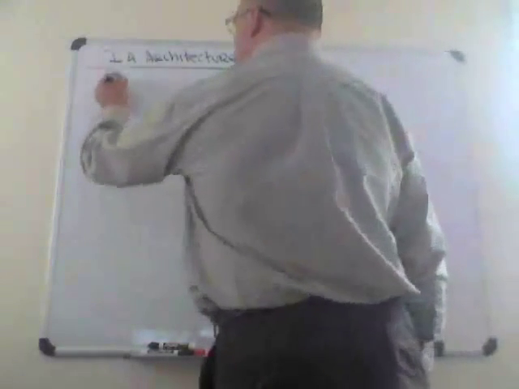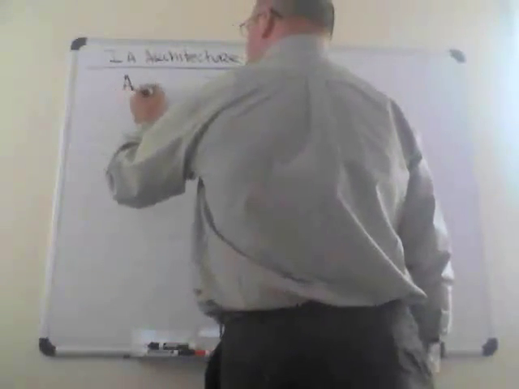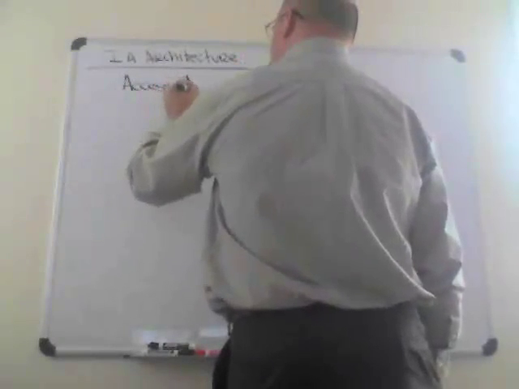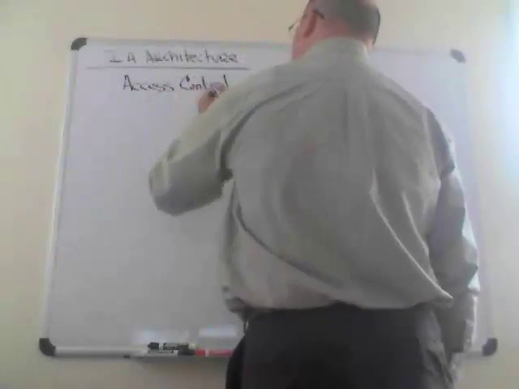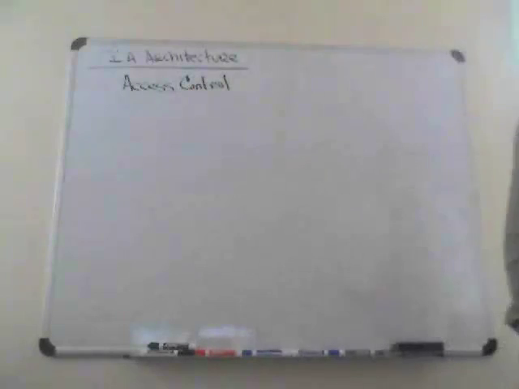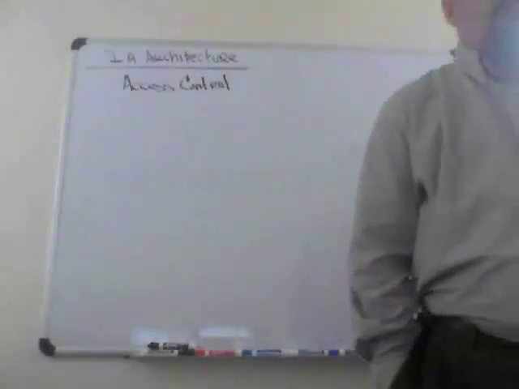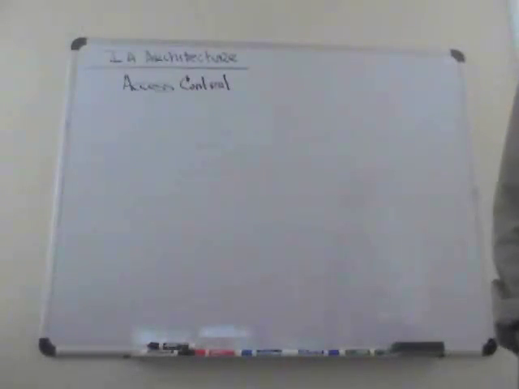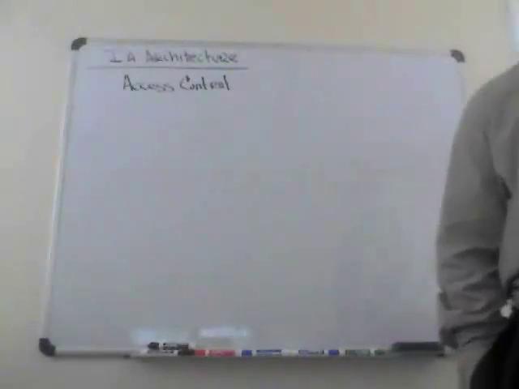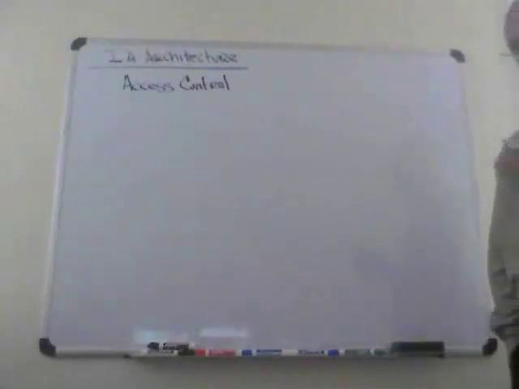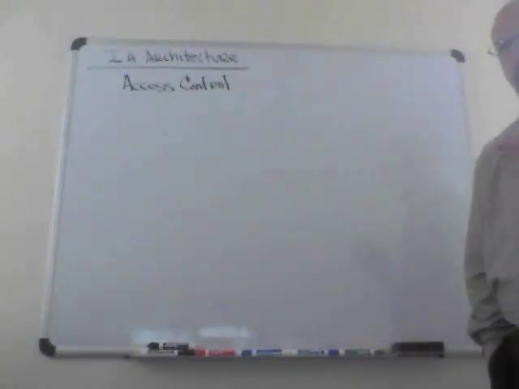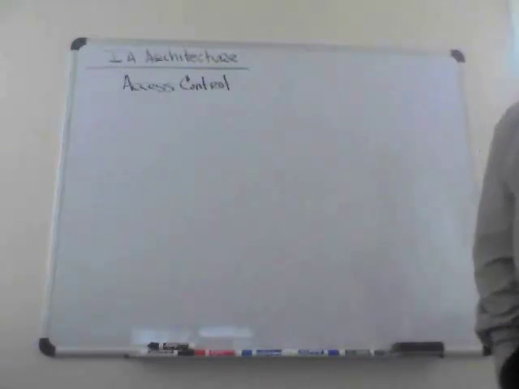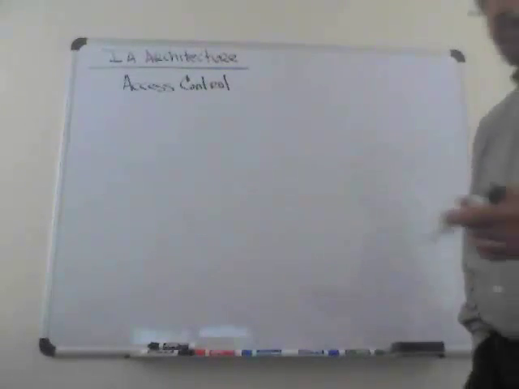As we look at information assurance within an organization, we can break it down to the most fundamental component, and that is access control, right? Access control within an organization can be maintained by really three components.